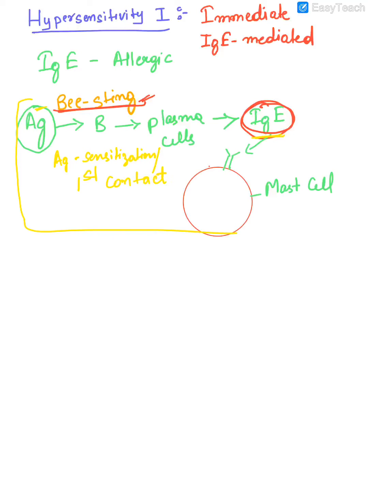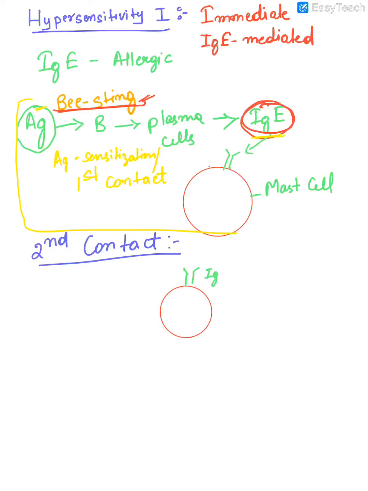Now the second contact will take place too. The bee sting may bite you again for the second time. What happens the second time is that IgE is already sitting on the mast cell. The antibody is already present on the mast cell because of the first contact.